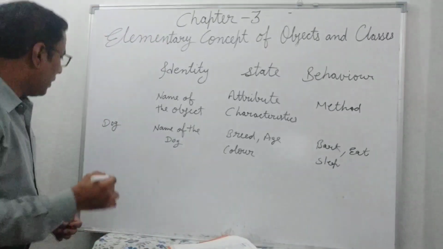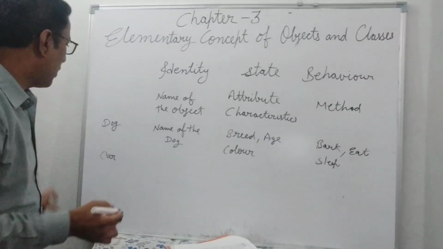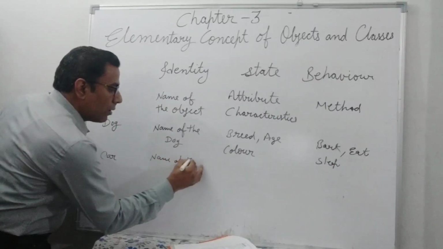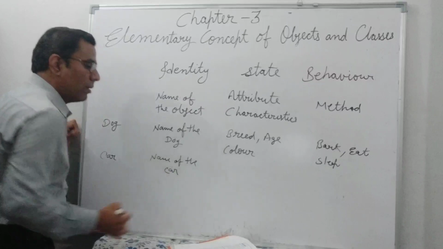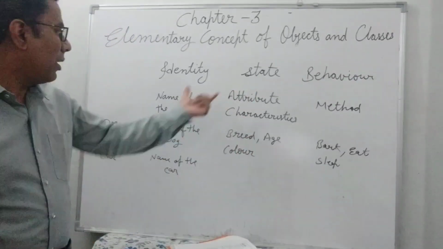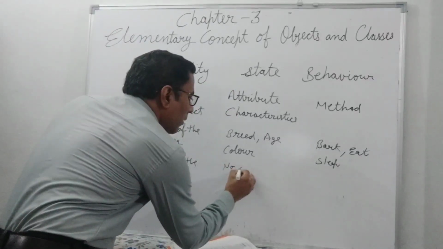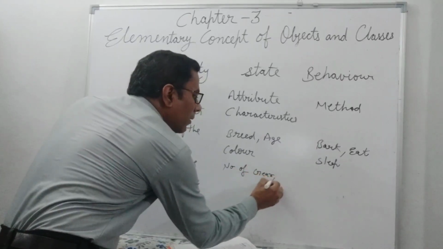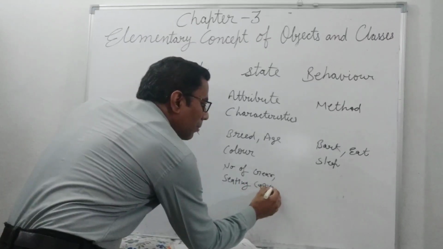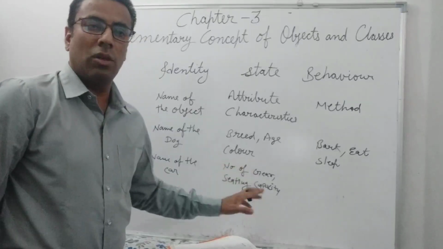Again, the next example, suppose a car. Suppose I am creating an object car. So the identity means the name of the car, just like Centro, Maruti, etc. And the state or attributes or characteristics of a car are number of gears, sitting capacity, its length, width, color, and so on.